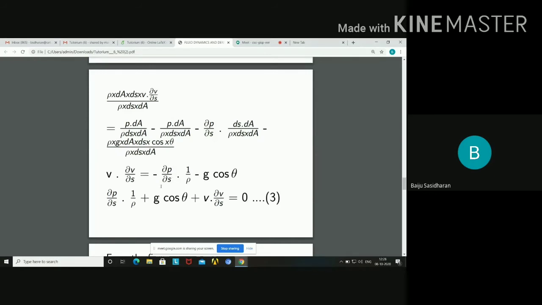Taking the negative terms to the left side, we get ∂P/∂S into 1 by rho plus G cos theta plus V into ∂V/∂S is equal to 0.